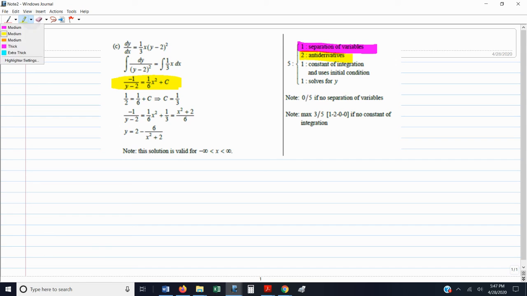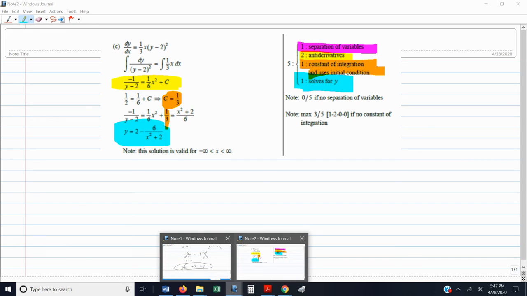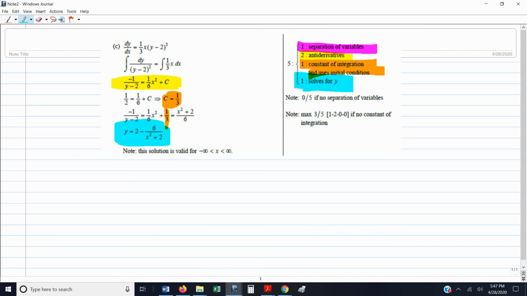Being able to find the constant of 1/3 and then knowing you're supposed to plug it in is the next point. And then that very last point with all the work tied up in it is being able to isolate y. So 5 points, it's a rare free response that you see 5 points awarded, but there's a ton of steps here and a lot of partial credit along the way. And that was the end of the 2018 FRQ exam.